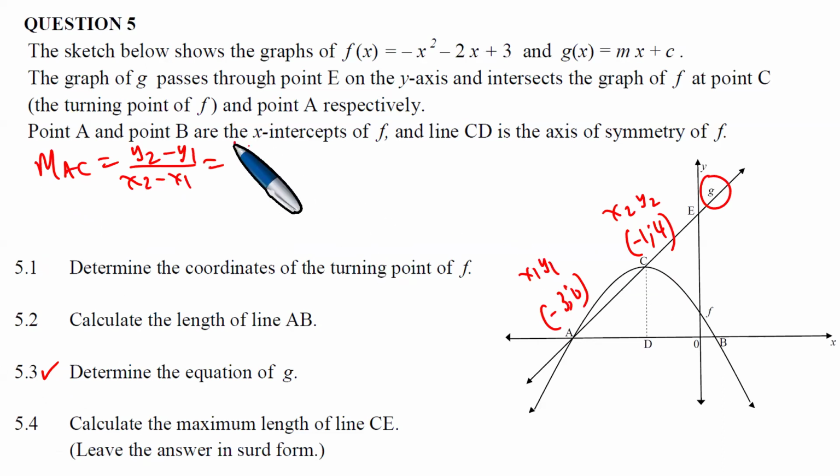Therefore y2 is 4 and y1 is 0, divided by x2, which is -1, minus x1, which is -3. Therefore this is 4 over 3 minus 1, which is 2. So you have the slope of AC, which is exactly 2. It is certainly a dimensionless entity, the slope.